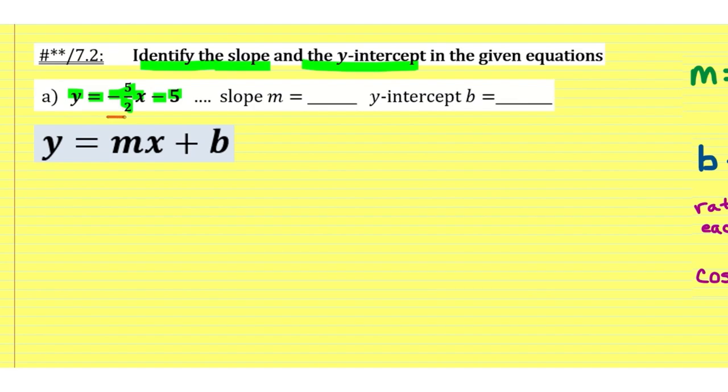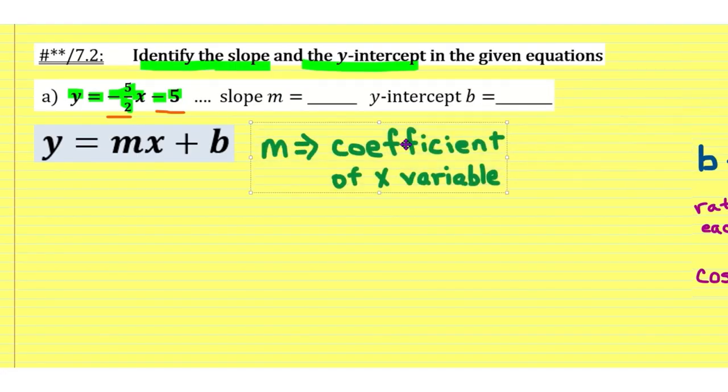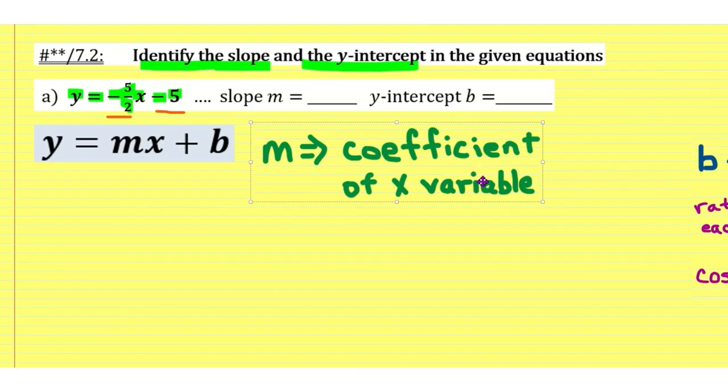This number here is the m, this number here is the b, but I want to talk for just a moment to reiterate this. The m is the coefficient of the x variable. So we need to always consistently recognize that the m, which is the slope in math language, will be the coefficient of the x variable.